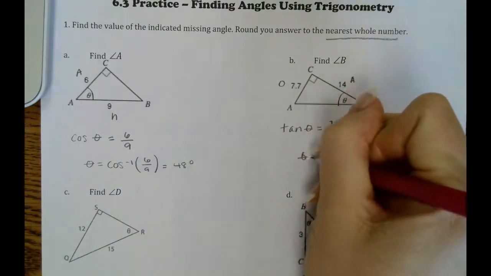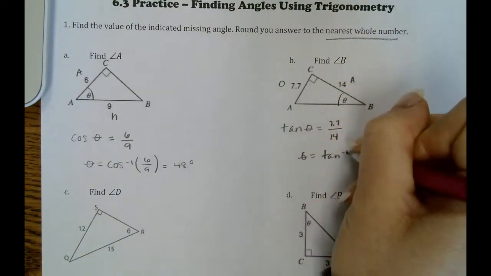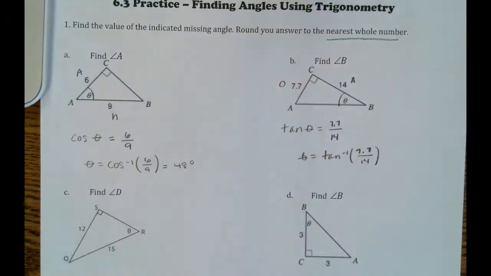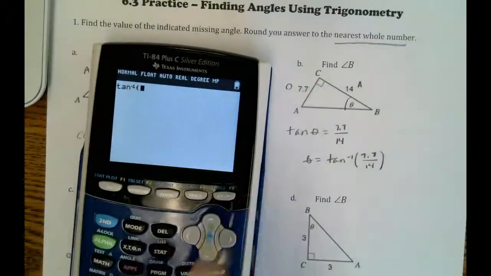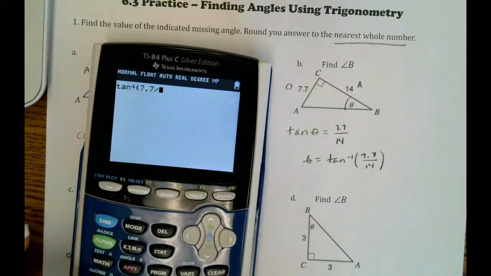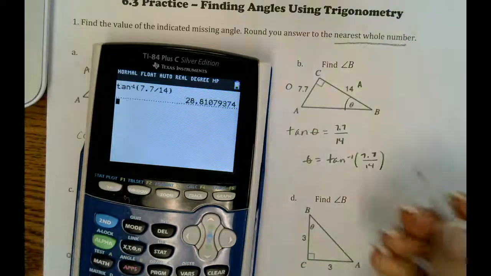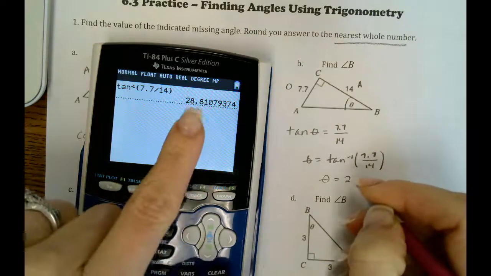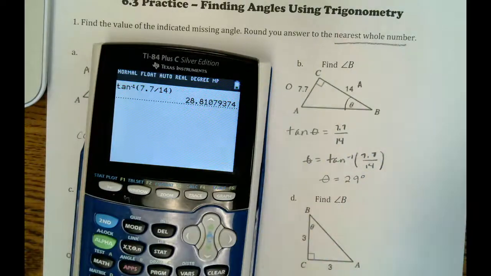To solve, I'm going to do the inverse of our fraction. So we do inverse tangent, 7.7 divided by 14. And so we're going to round up to 29 degrees.